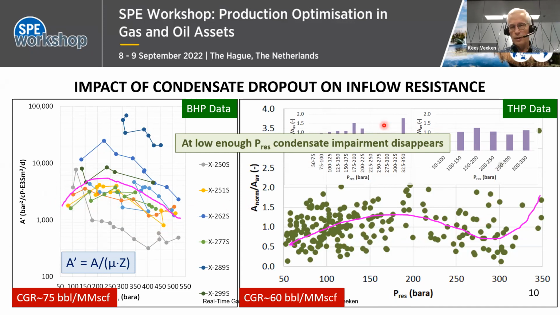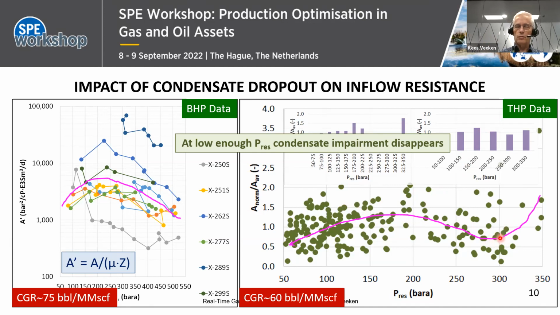On the right, you see a plot of similar data, but from another operator. Here we only had tubing head pressure data, so we had to derive inflow performance using that operating envelope that you saw. But you do see the same trend. At higher pressures, inflow resistance first comes down because of cleanup.